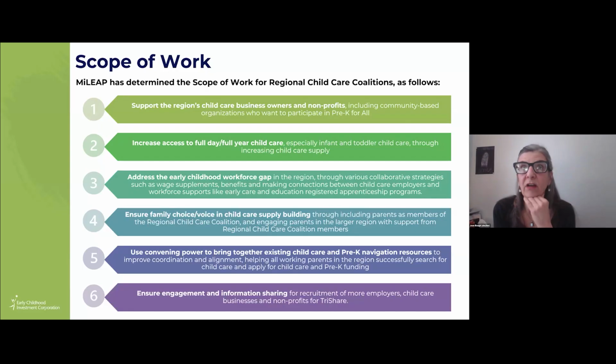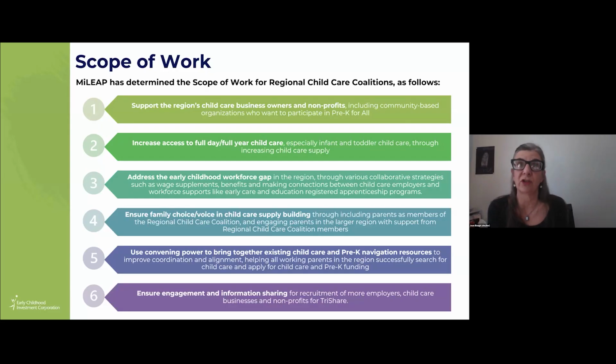A key aspect of the work from the inception of the regional coalitions, both in the planning process and also going forward, is their responsibility to ensure family choice and voice in childcare supply building. We know that parents are the predominant customer and consumer of childcare. They're the individuals who are making the selection, and they have very specific needs based on their employment.